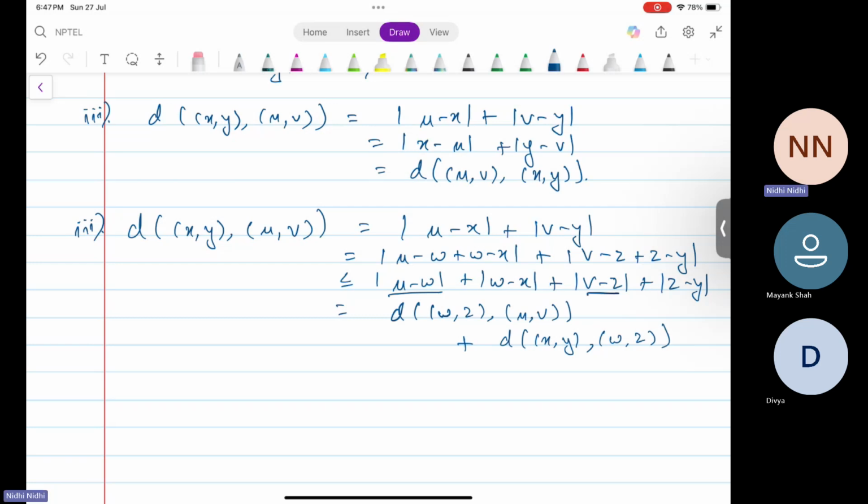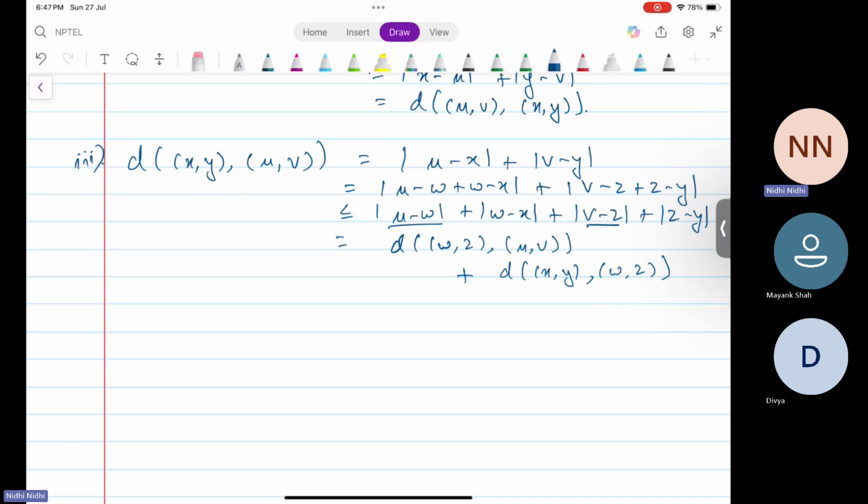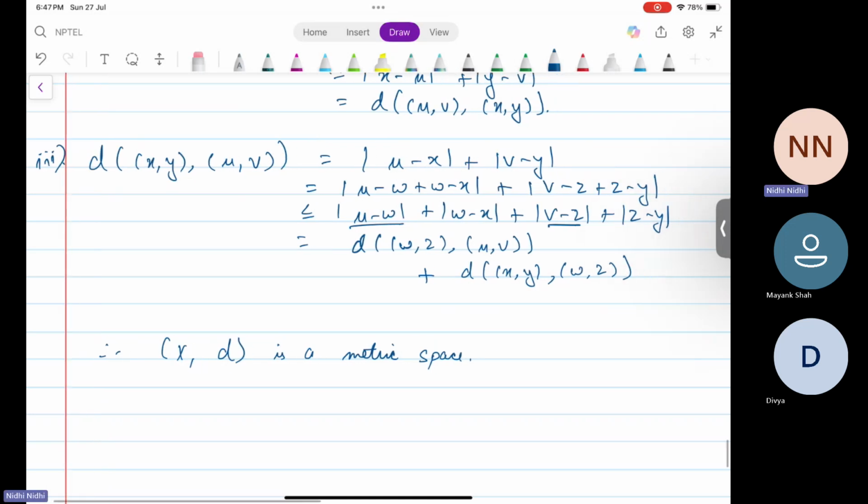So that's what we need. So this is the triangle inequality. Therefore, this (R2, d) is a metric space. So I hope this was clear.